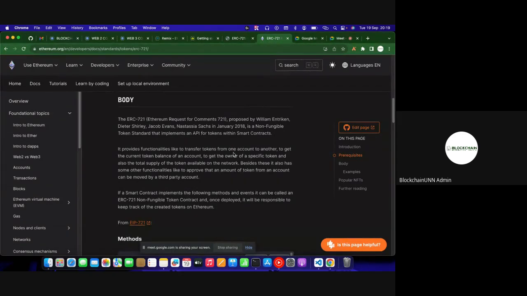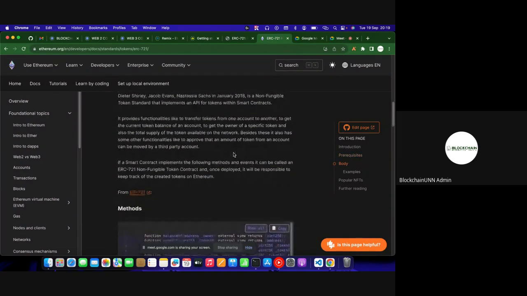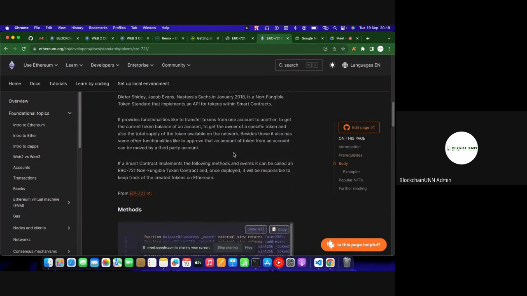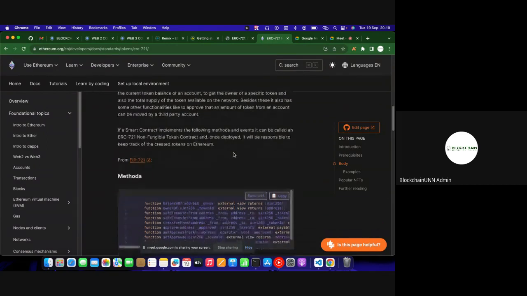It implements an API for tokens within smart contracts. It was built to have backward compatibility with ERC-20 tokens. So it comes with functions that can be used to transfer tokens from one account to another, to query the account balance of an account, to get the owner of a specific token, to get the total supply of an NFT that's available on the network, and so on and so forth.